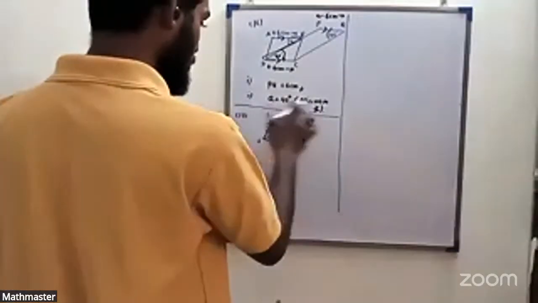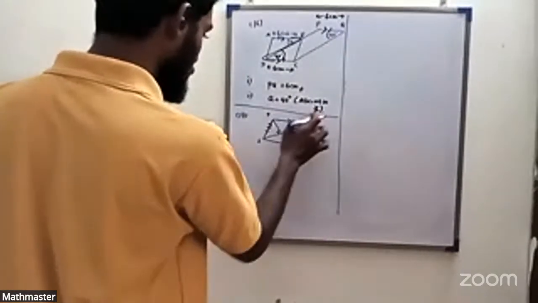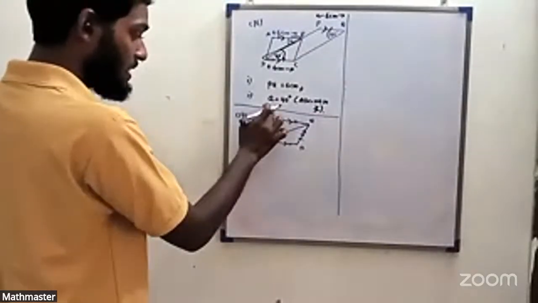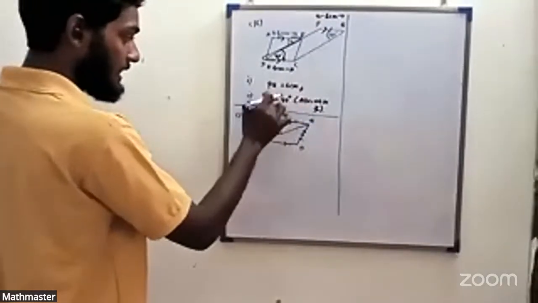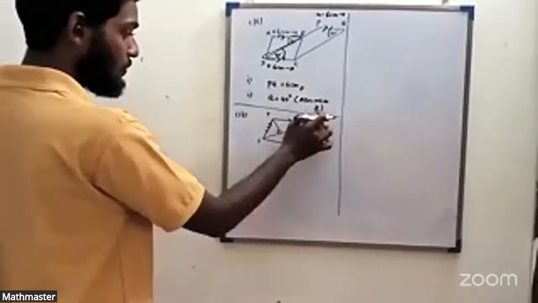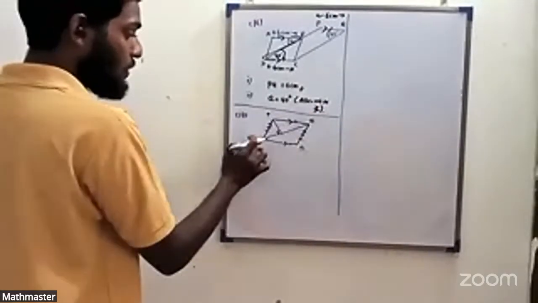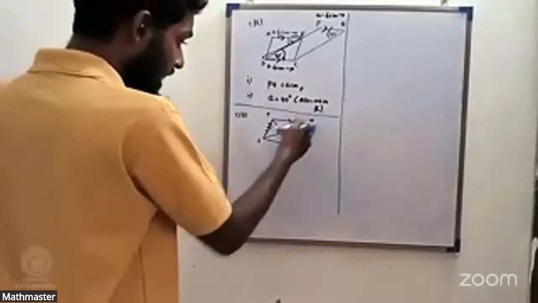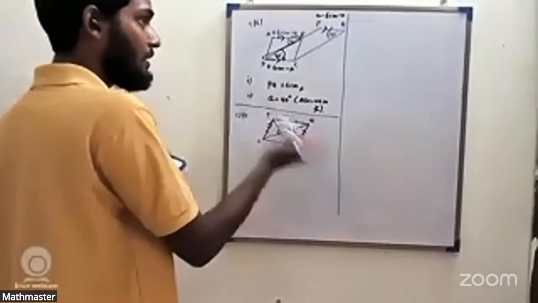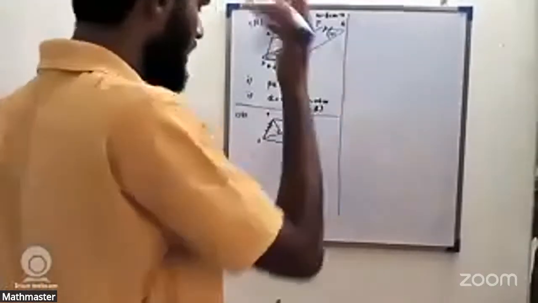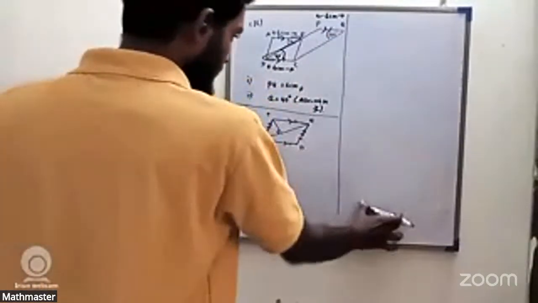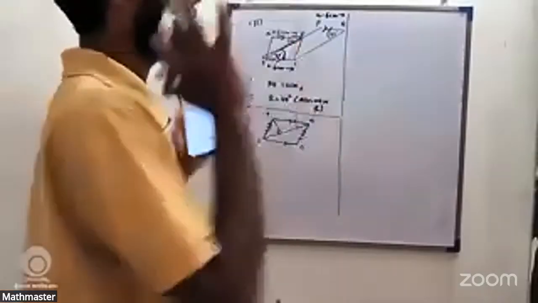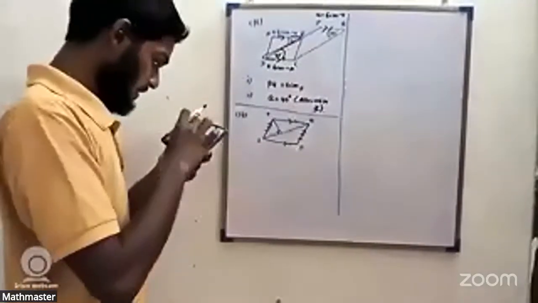So in parallelogram PQRS, QS is the diagonal, which means the area of PSQ is equal to the area of QSR. Why? Because that is a property of a parallelogram that we studied: the diagonal will bisect the area of the parallelogram. So those properties will come at once. All those 5 properties should come when they give the word parallelogram. That is the crux here, right?